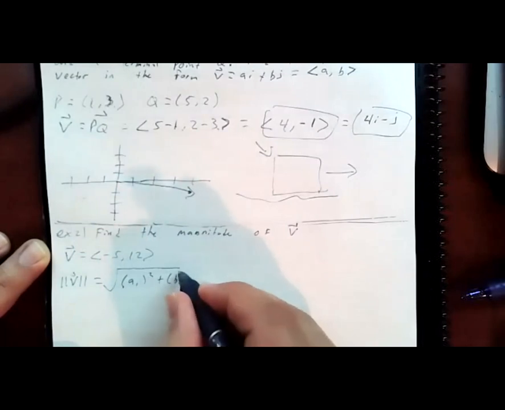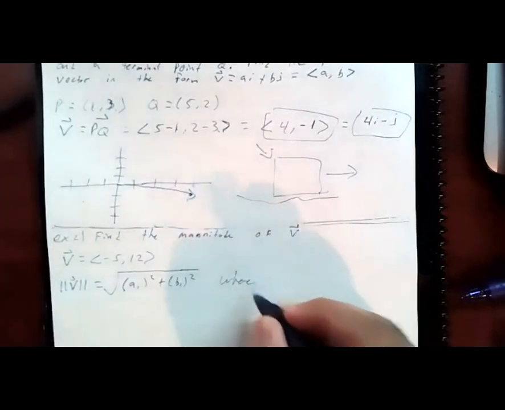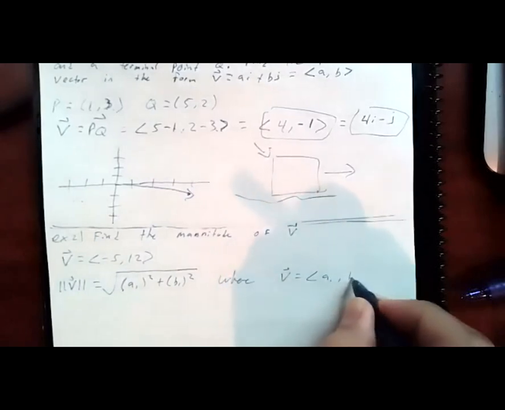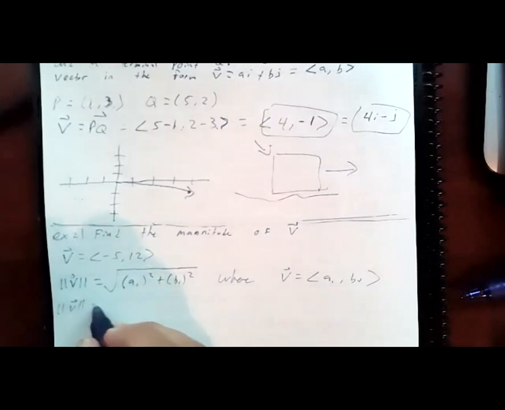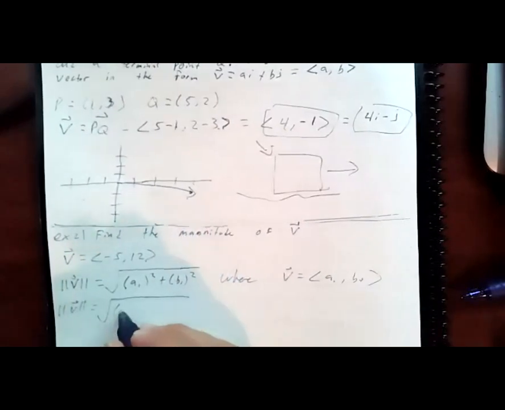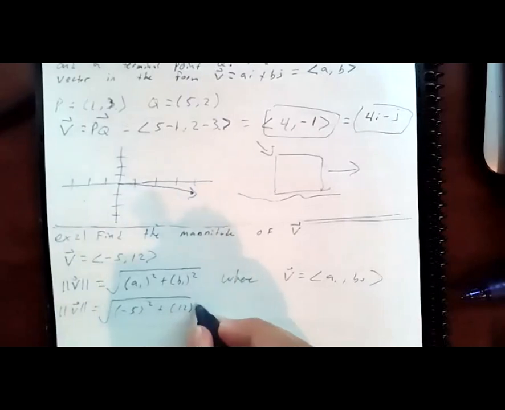Where V is equal to A1, B1, some general vector. So this is how you find it given some vector. So our answer will be the square root of -5 squared plus 12 squared.